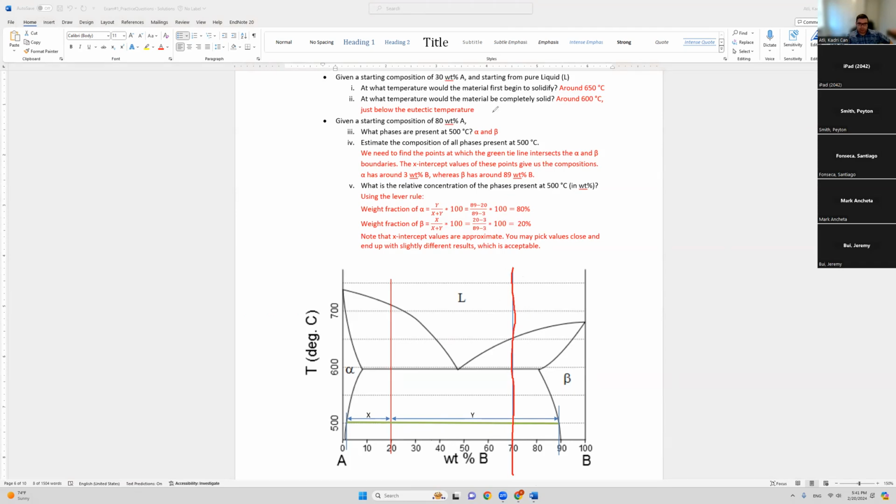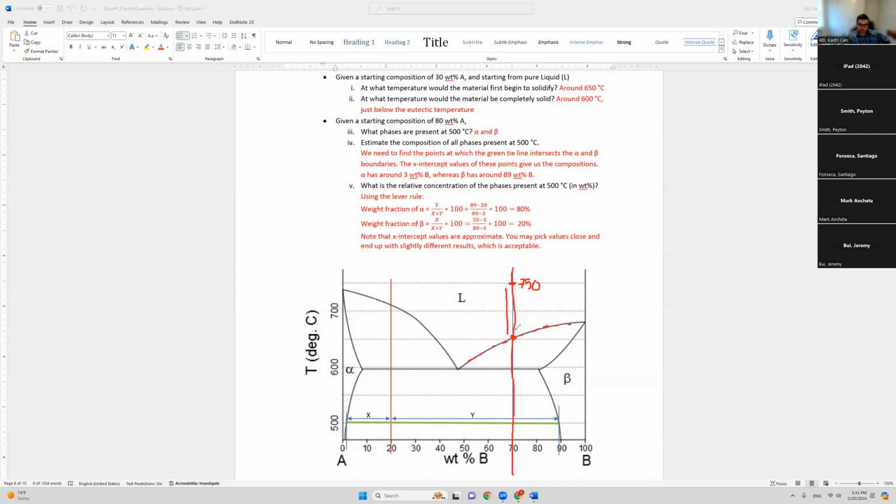At what temperature would the material first begin to solidify? Let's say I'm here, okay? I have 78% B in my composition, or 38% A. I'm at 50 degrees Celsius, right? I start cooling down, and I come to this point. This line is the liquidus line.